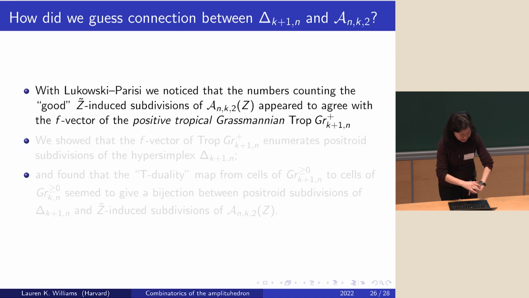Okay. And then I'll just mention that we were not expecting any kind of connection between the hypersimplex and the amplituhedron. We had just been studying the amplituhedron when m equals 2, and what we noticed was that when we started counting the subdivisions of the m equals 2 amplituhedron, we were recovering numbers that were familiar to me because they agreed with the f-vector of something called the positive tropical Grassmannian.